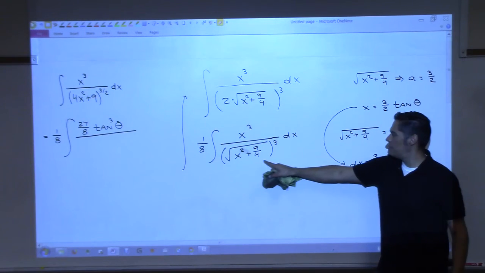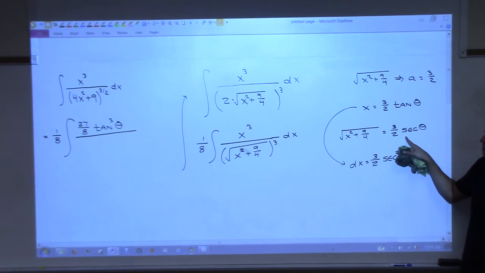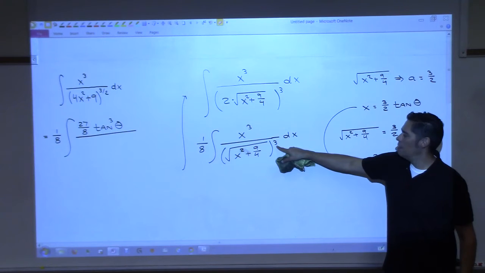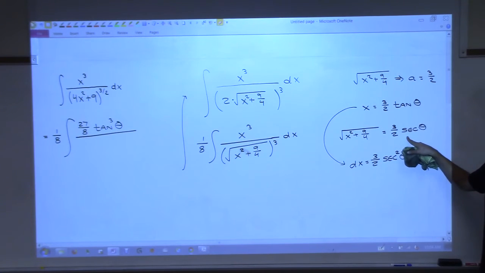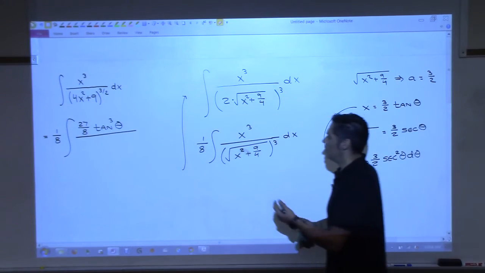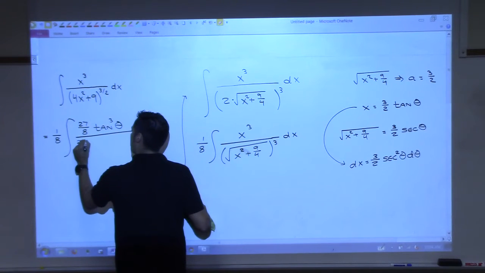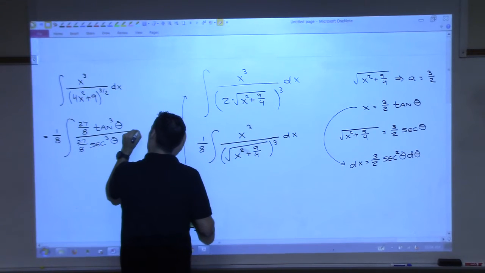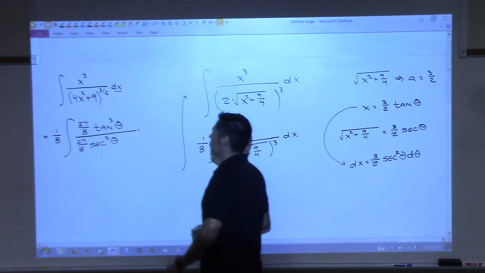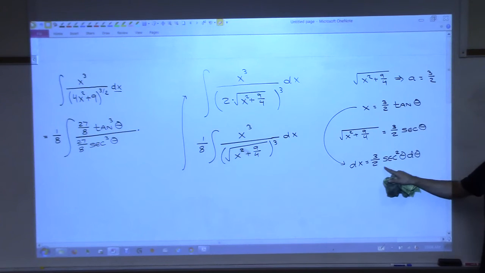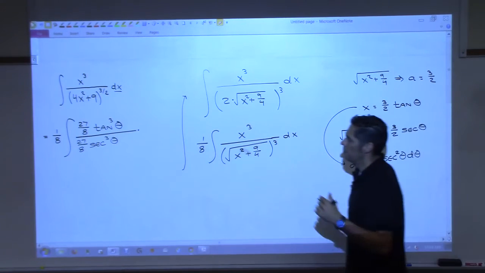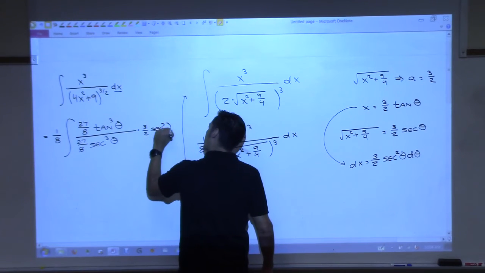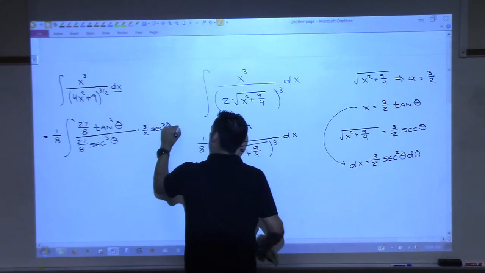The root thingy is this, cubed though. So it's this cubed, which again is 27/8, but this time secant cubed theta. And then times, don't forget dx. dx is 3/2 secant squared theta d theta.